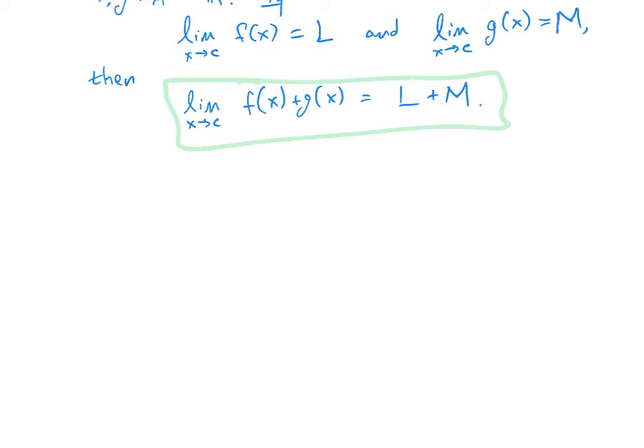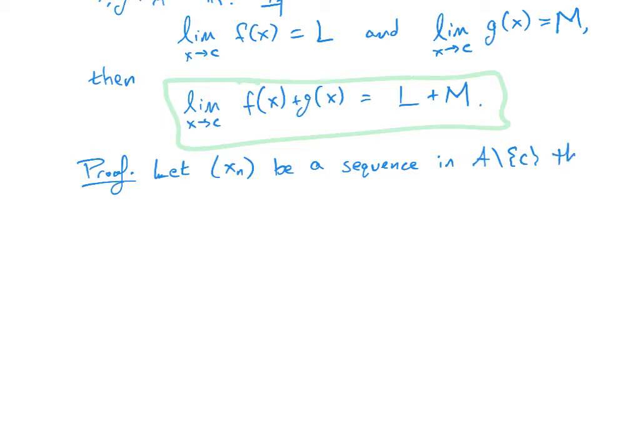Proof. Let xn be a sequence in A minus C that converges to C. Now, what do we know?